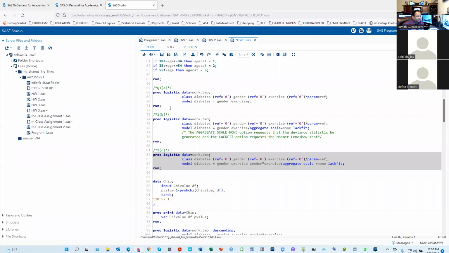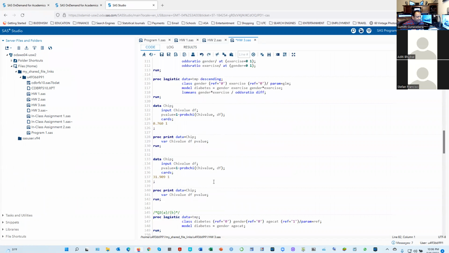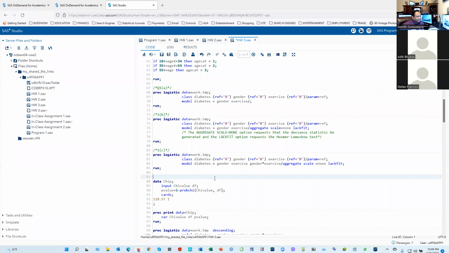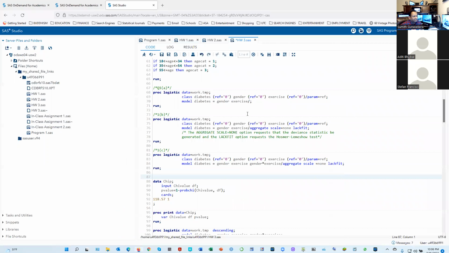It says C or D should be no. Yes, D. They were telling us to do it in C, because C is related to C. Using the model of 1C from this one. So D, you don't have to run again, it's already over there.